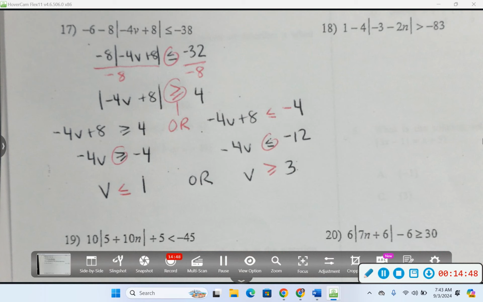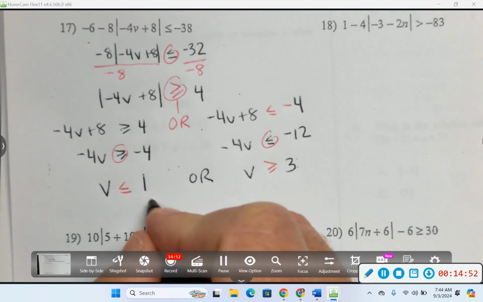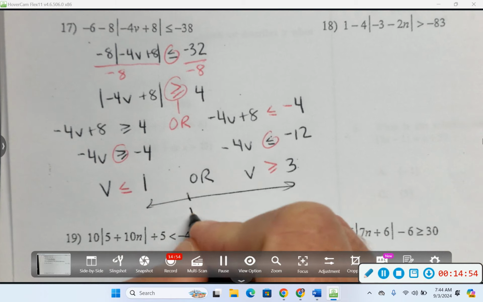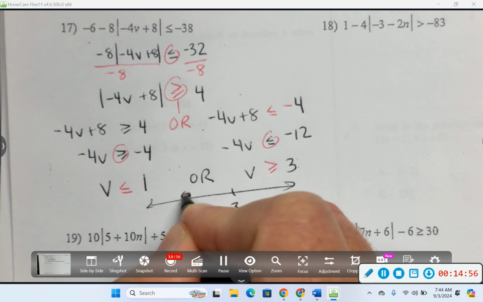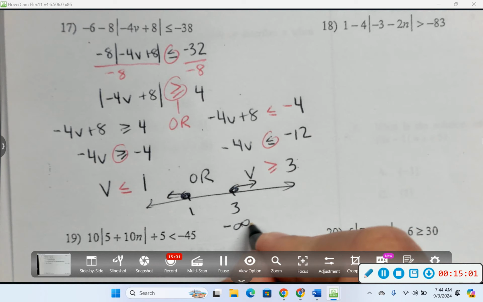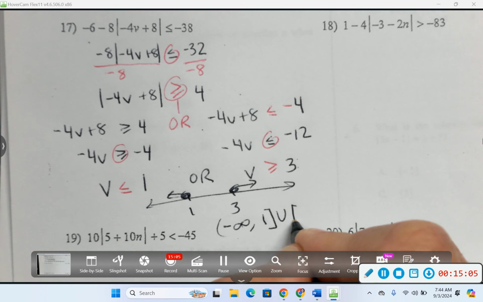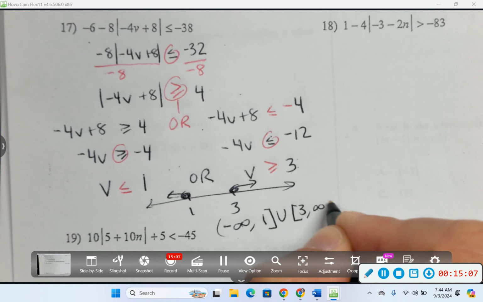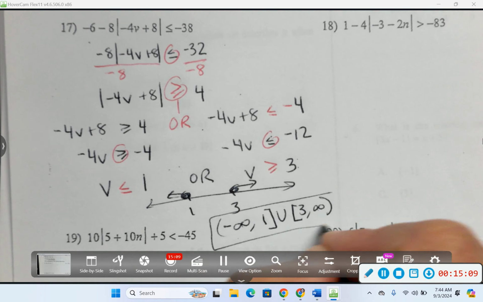V is less than 1 or greater than 3. Yeah, that's what we expected to happen. 1 and 3, closed circles, and we get to practice writing infinity again. So there's our answer.